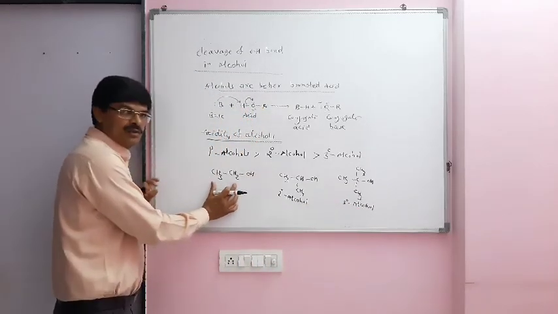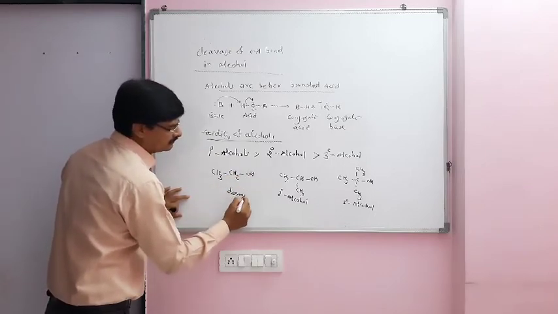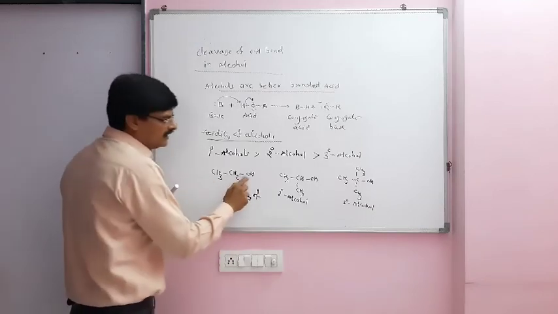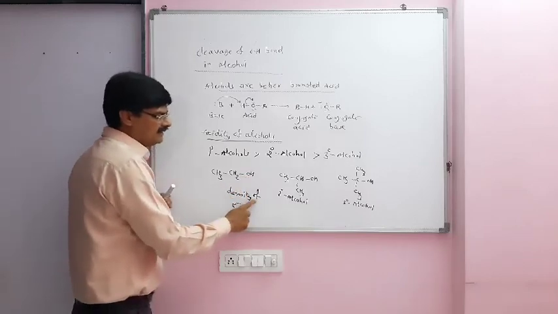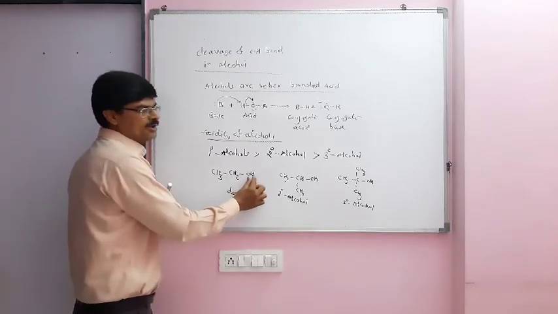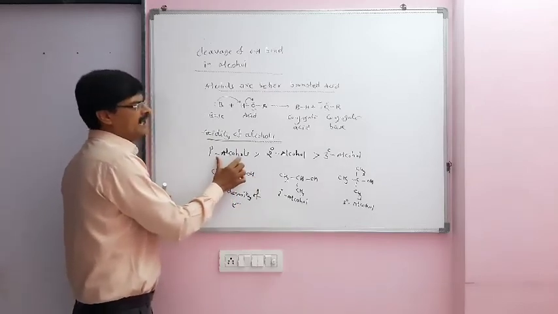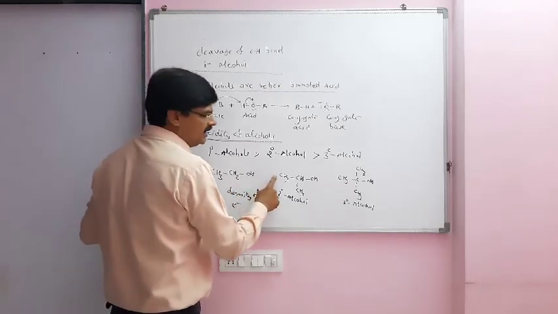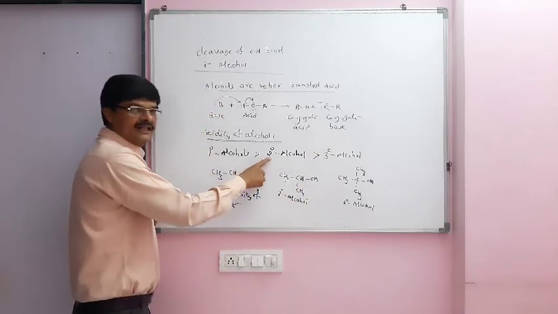Because of their electron giving capacity, the density of electrons increases on the oxygen atom, and because of this increasing density of electrons on oxygen, it is not easy to liberate the hydrogen responsible for acidic character. That is why 1 degree alcohols are most acidic, then 2 degree, then 3 degree, that is primary greater than secondary greater than tertiary.